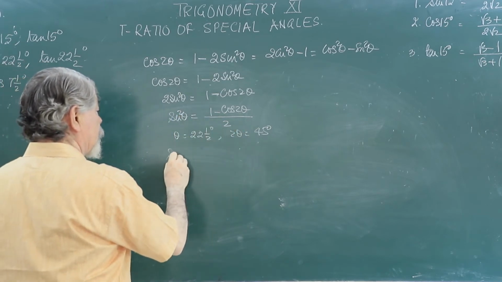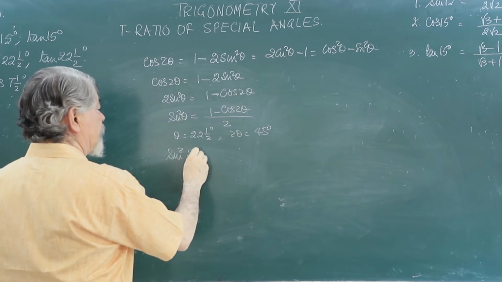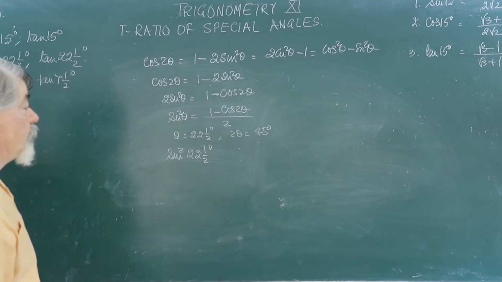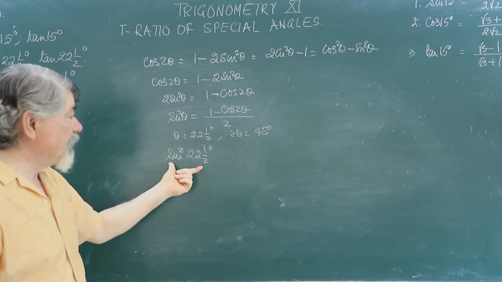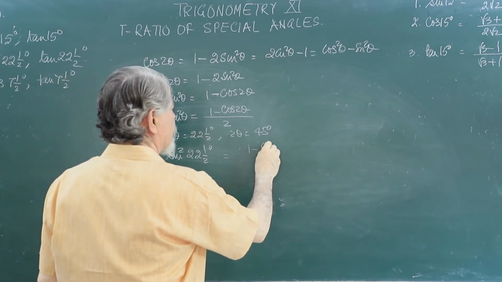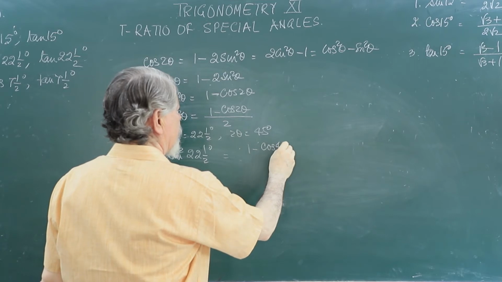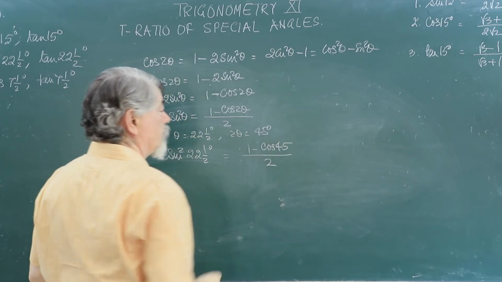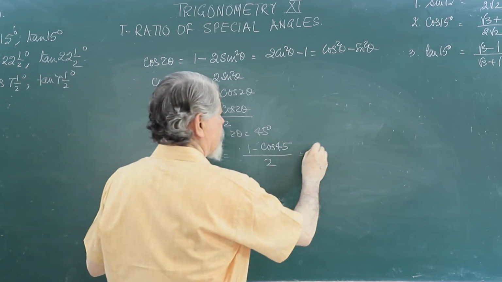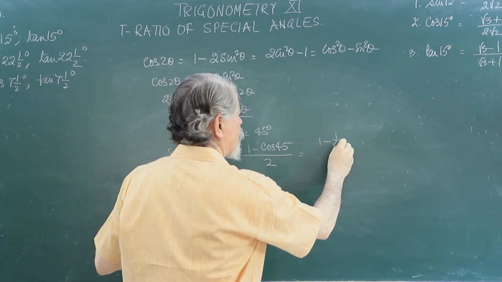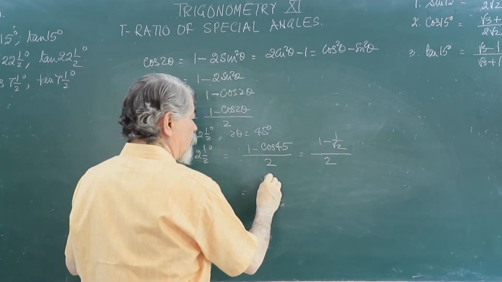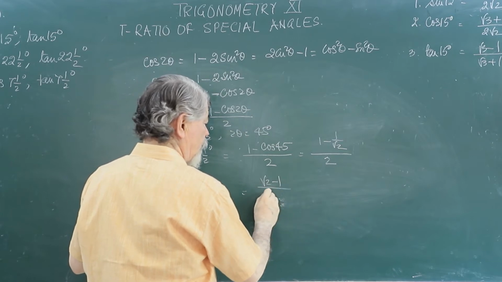So sine square 22.5 degree. I have to calculate sine 22.5, so I am calculating sine square 22.5 is equal to 1 minus cos 2 theta, that is cos 45, upon 2. Now I know the value of cos 45. That is 1 minus 1 upon root 2, upon 2. When you solve this, you will get root 2 minus 1 upon 2 root 2.